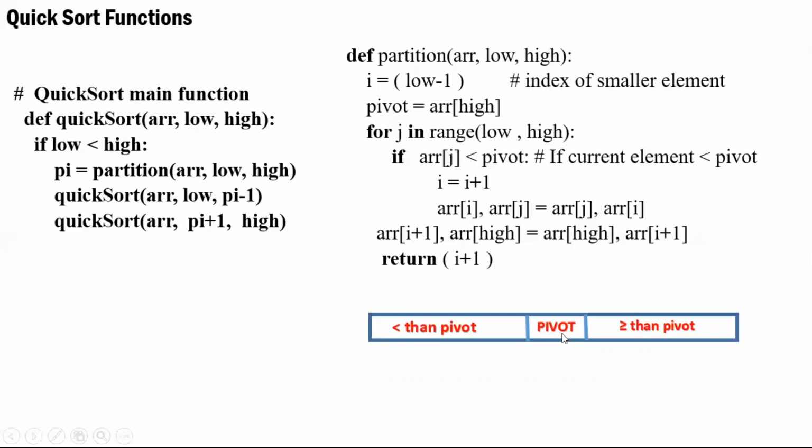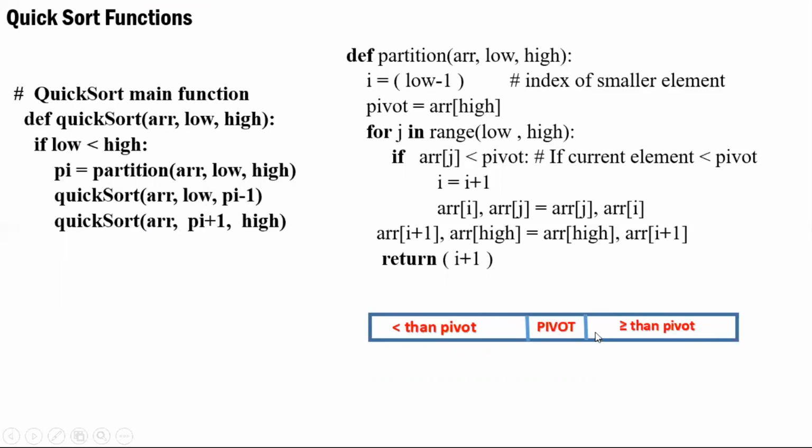Here, the pivot. So we recursively call the left part, but now we pass the sub-array with these indices: low, and instead of the high index, we place pivot index minus 1. And we recursively call the function quicksort with the right subarray, but now the indices are changed to low.